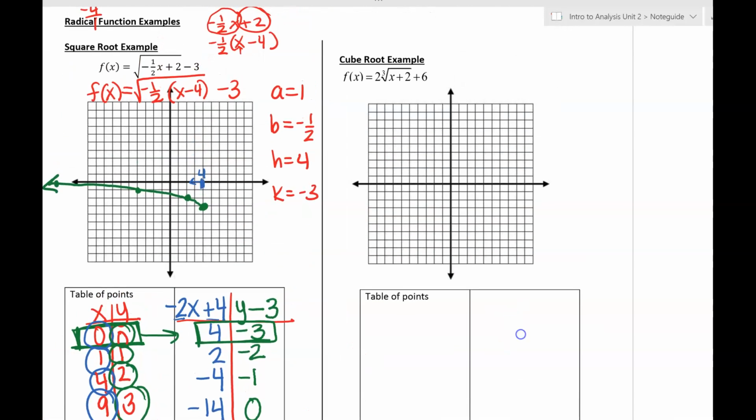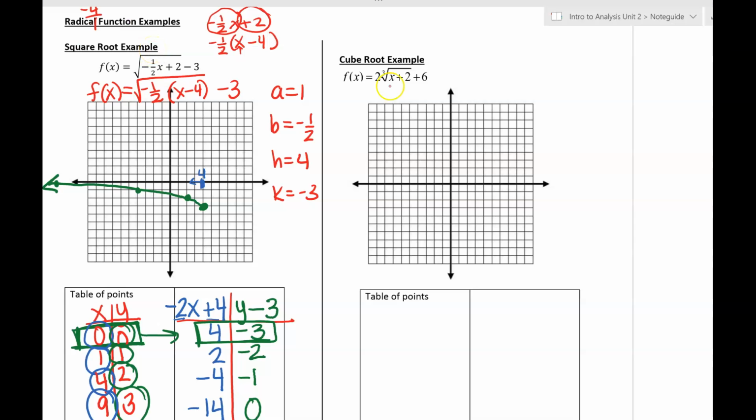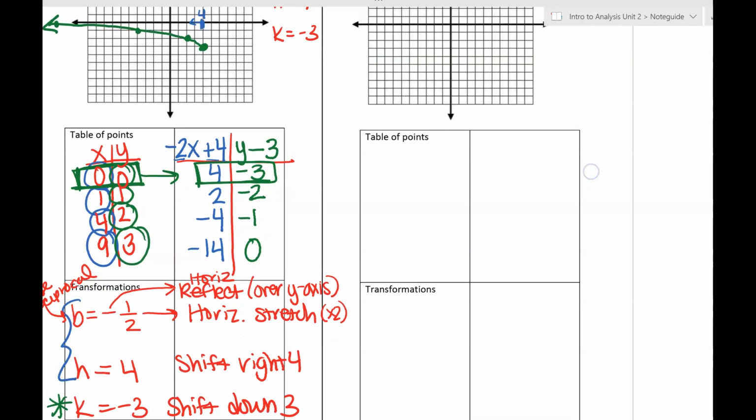Now we're going to go through our cube root example. In our cube root example, we don't need to rewrite the equation because you see there's not a b value here that's different than 1. So we can see right away our a is 2, our b is just 1, it hasn't been transformed. Our h is negative 2, and our k is 6. So as far as transformations go, with an a value of 2, that means we're timesing things by 2.